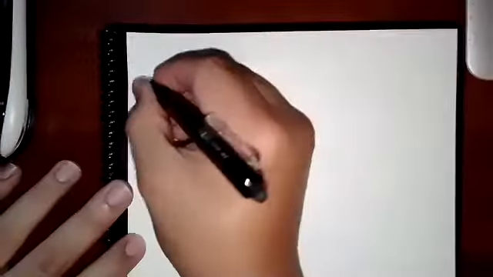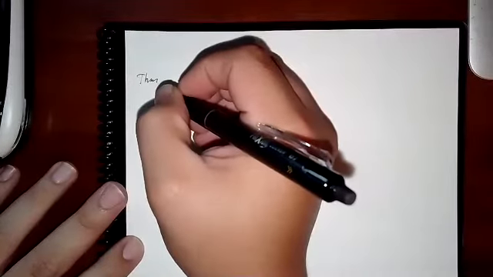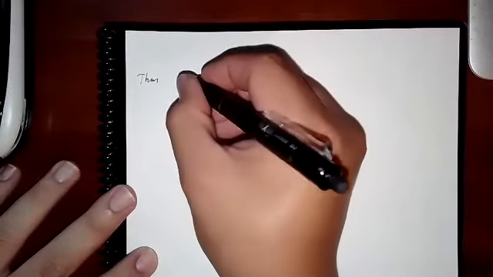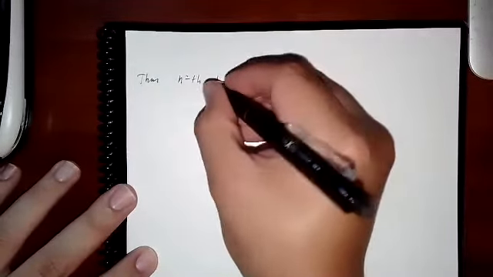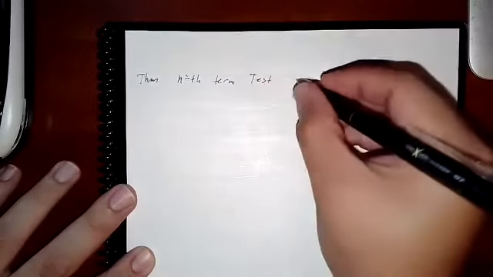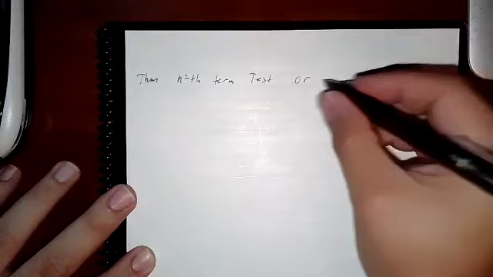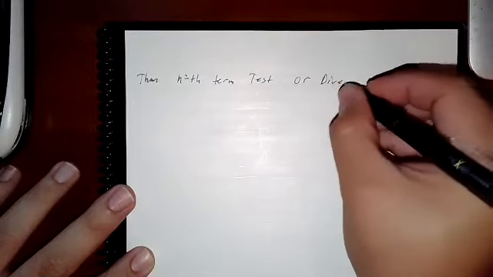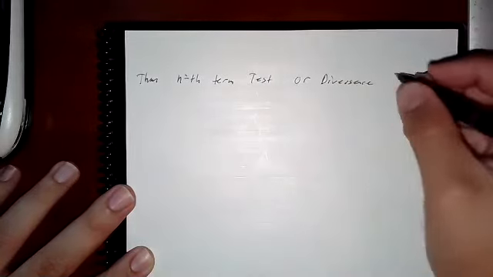All right, let's do the next one. Next theorem is the nth term test. Also, some people in books call it the divergent test or divergence, whatever.